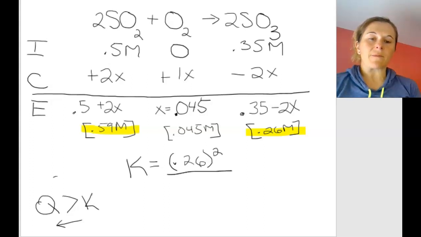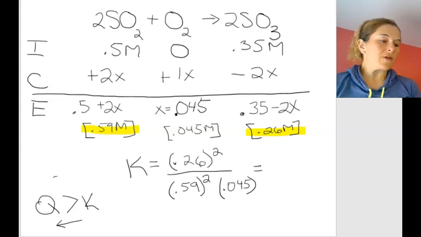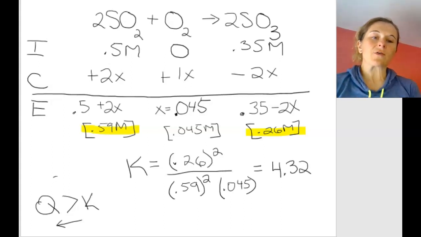Then down below, we've got our product, 0.59, with its coefficient as an exponent, and 0.045. When we calculate that out, our K is 4.32. So our equilibrium constant is 4.32.